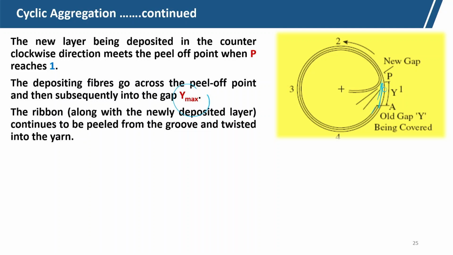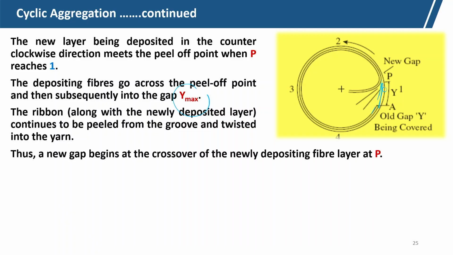The ribbon along with the newly deposited layer, the initial layer ribbon was there, then on that newly deposited layer will be there, continues to be peeled off from the groove and twisted into the yarn. So, for the first layer the actual count we have not received. Now, after the first circumference of removal, the system will get stabilized.